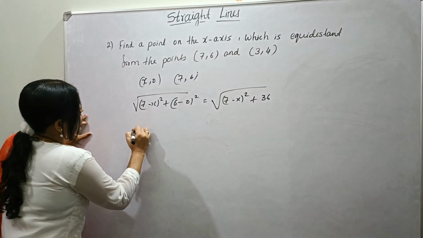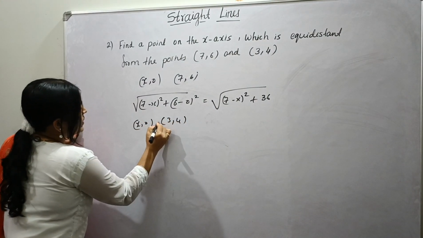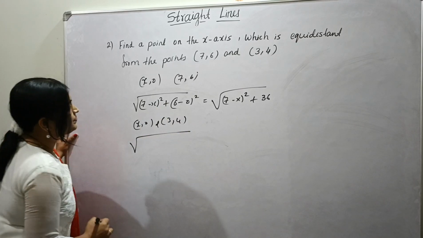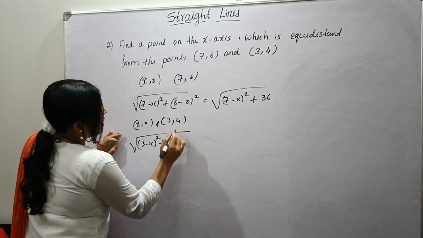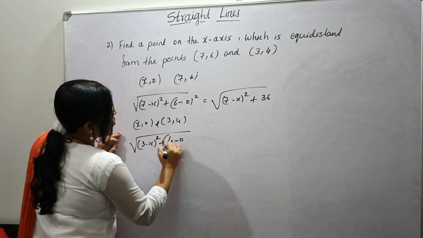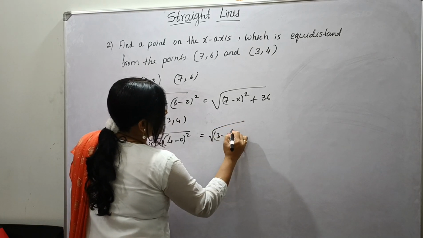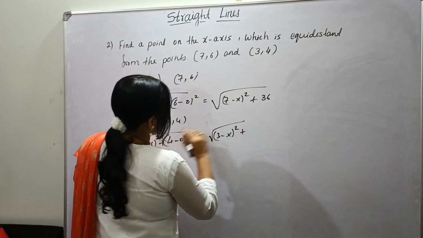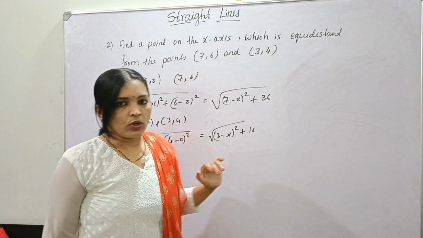Next we will find the distance between x0 and (3, 4). So the square root of (3 minus x) whole square plus (4 minus 0) whole square, that is equal to the square root of (3 minus x) whole square plus 4 square, which is 16. It is given that these are equal, right?